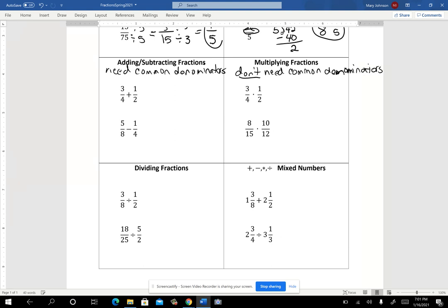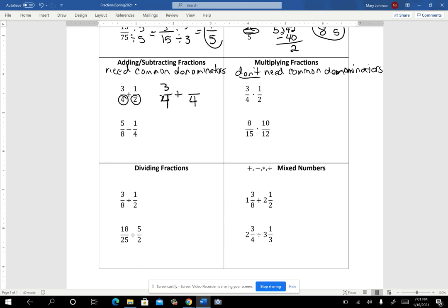If you're trying to do something like 3/4 plus 1/2, you would look at the 4, look at the 2, and think about what would be a good thing to use for the denominator. I think a good thing to use would just be 4. So 3/4 would be good to go. And then with the 1/2, I would have to multiply.